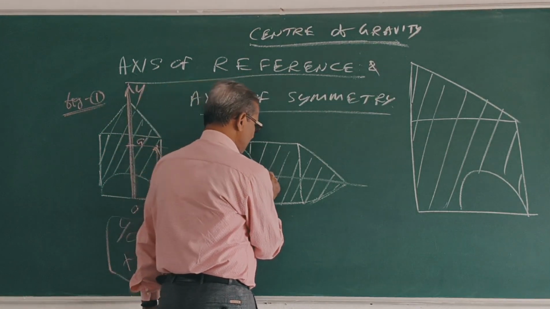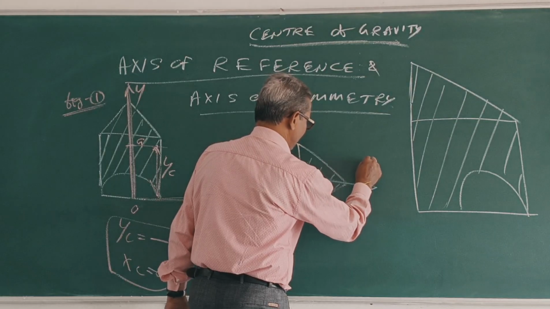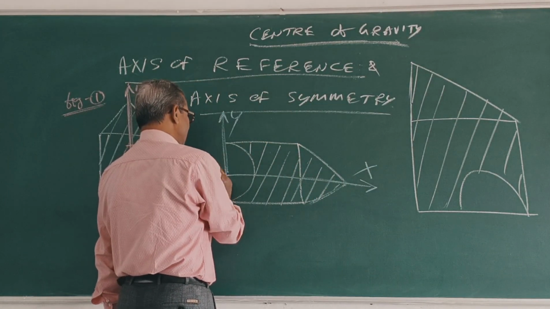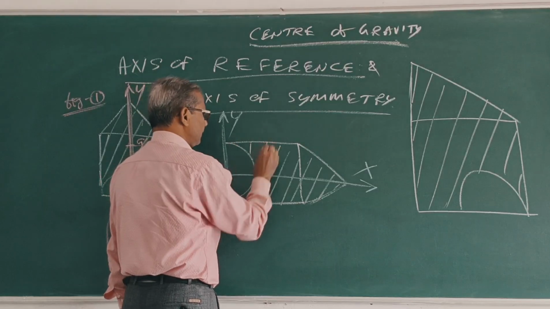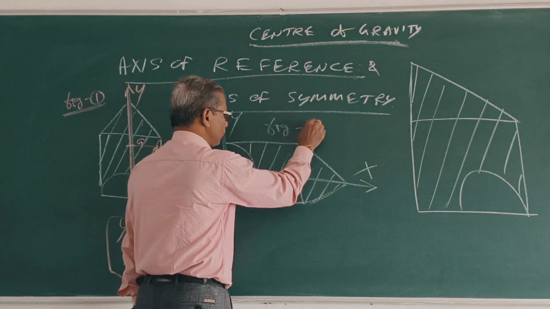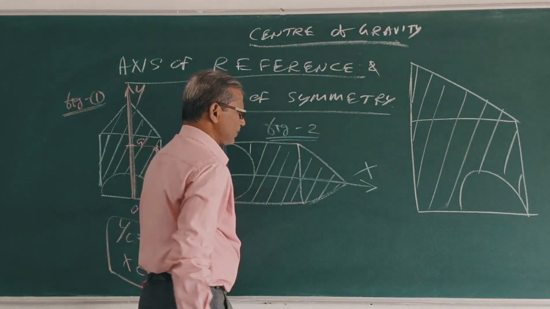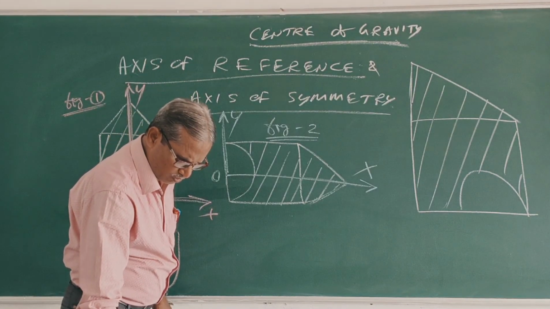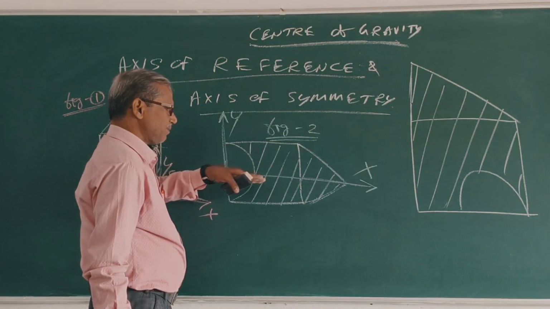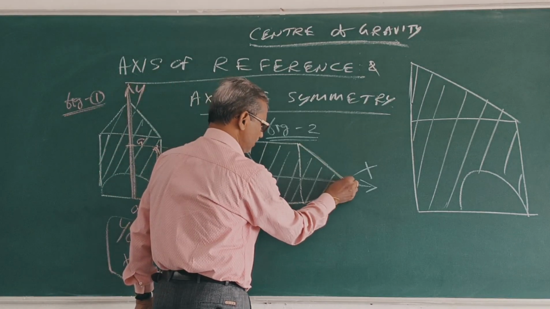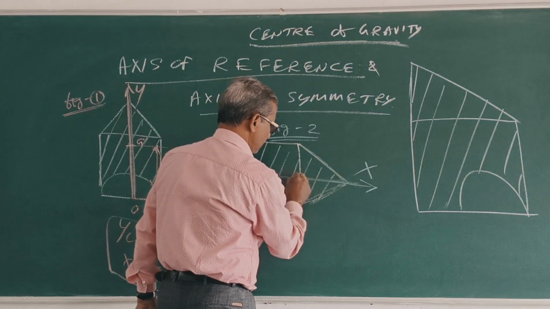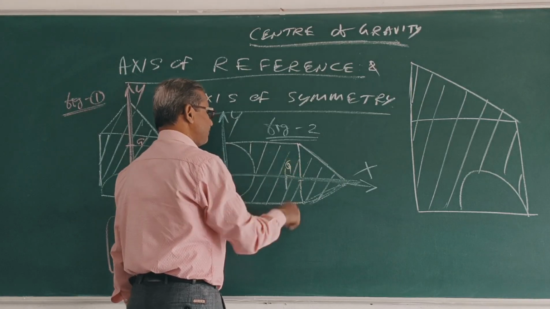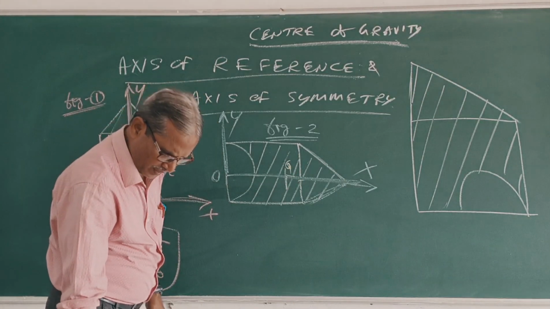In this case, this is the x-axis, this is the y-axis. Suppose this is the origin. Figure 2. Here, the figure is symmetric about the x-axis. Suppose the CG lies here.